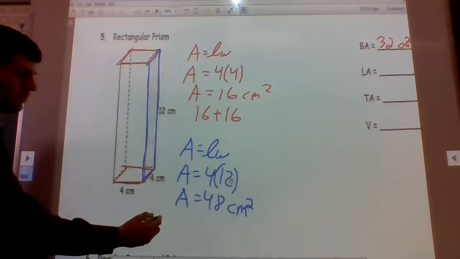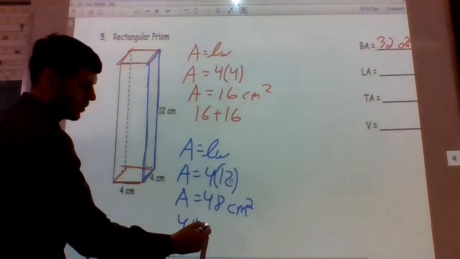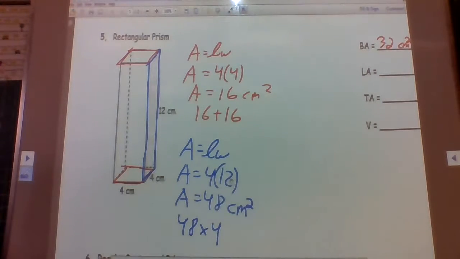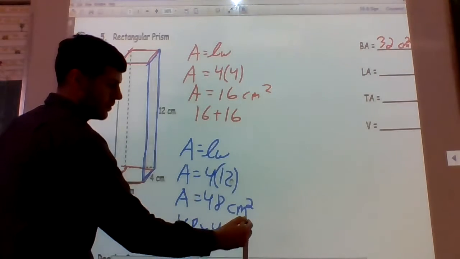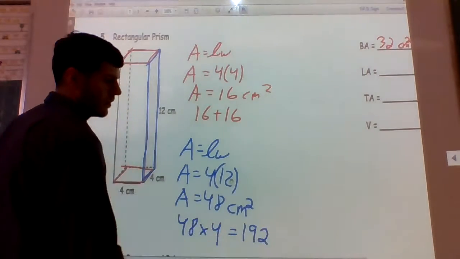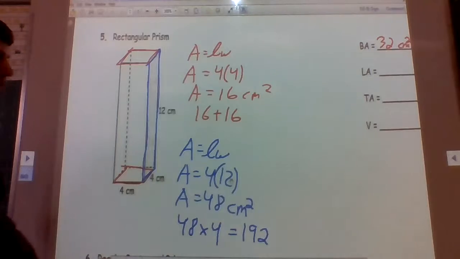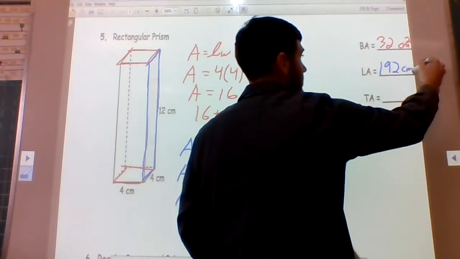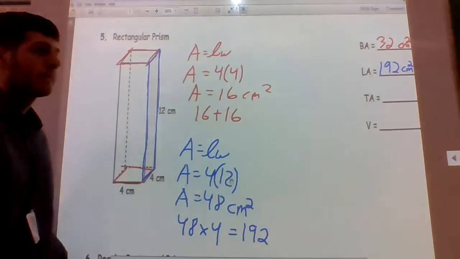And again, there are 4 of them, so we want to do 48 times 4, or 48 plus 48 plus 48 plus 48, which is 192. So our lateral area is 192 centimeters squared.